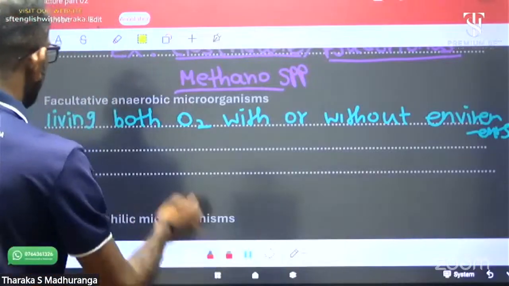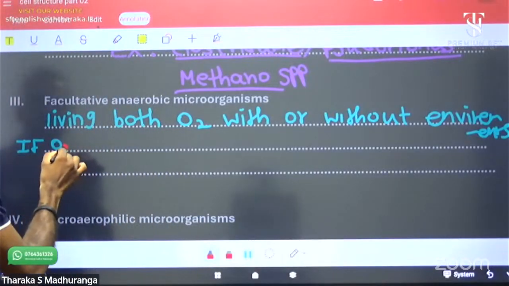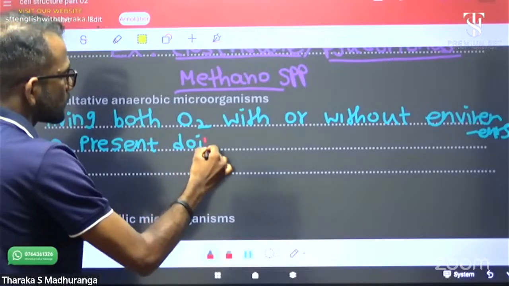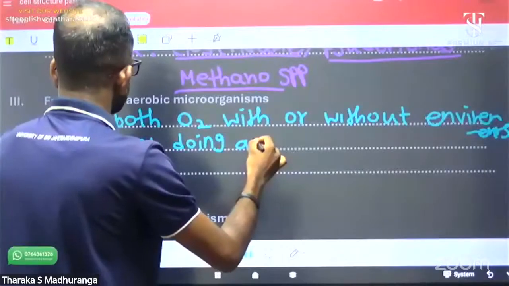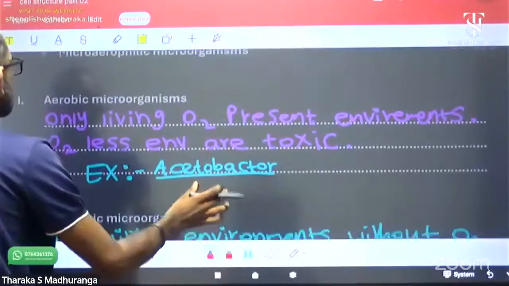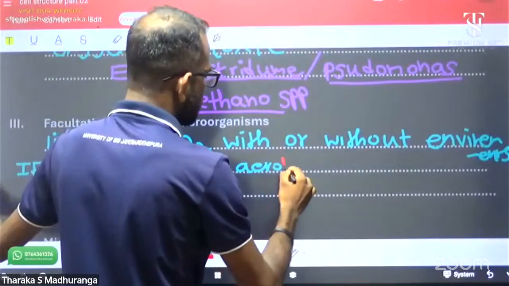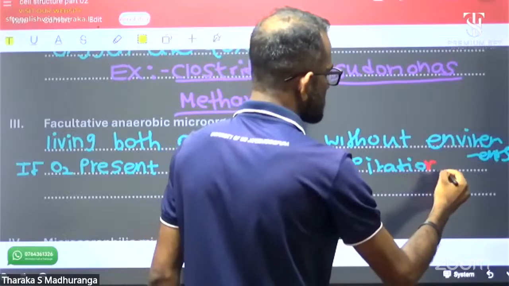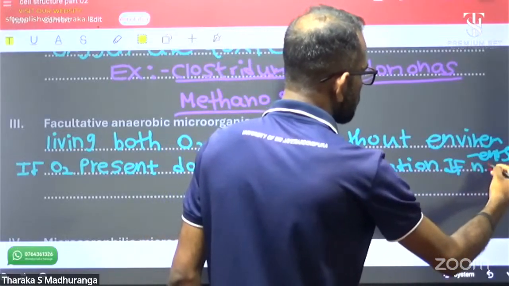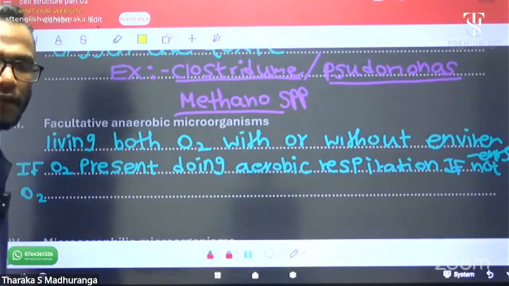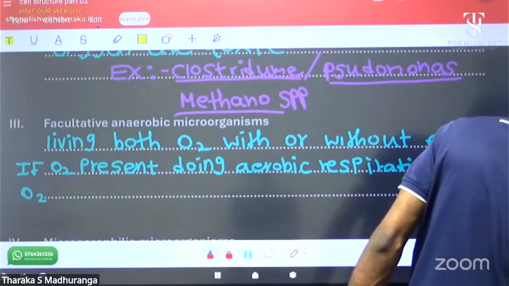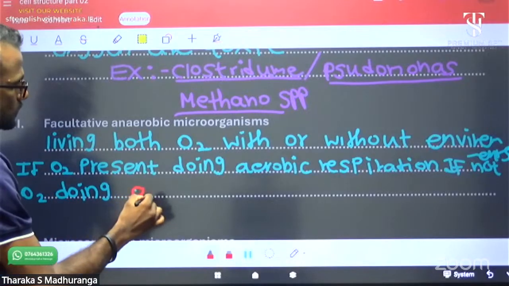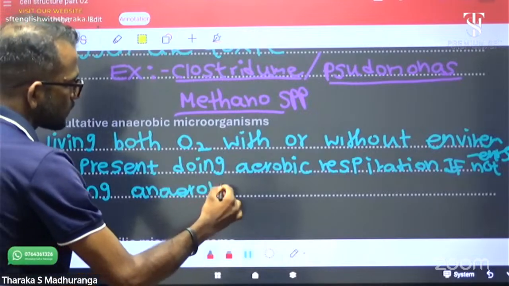If oxygen is present, they do aerobic respiration. If there is no oxygen, they do anaerobic respiration.